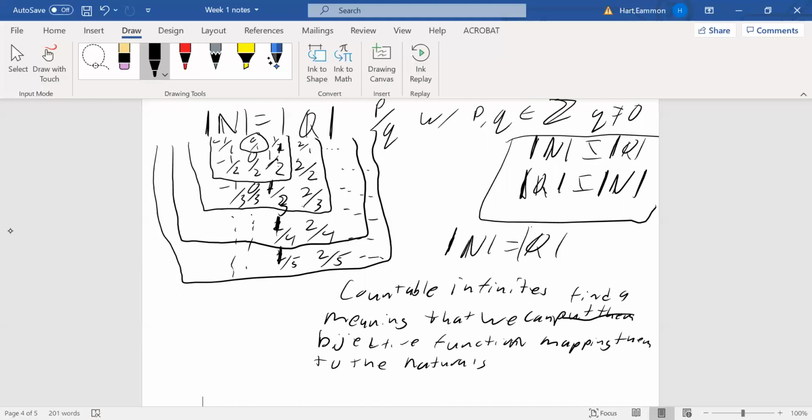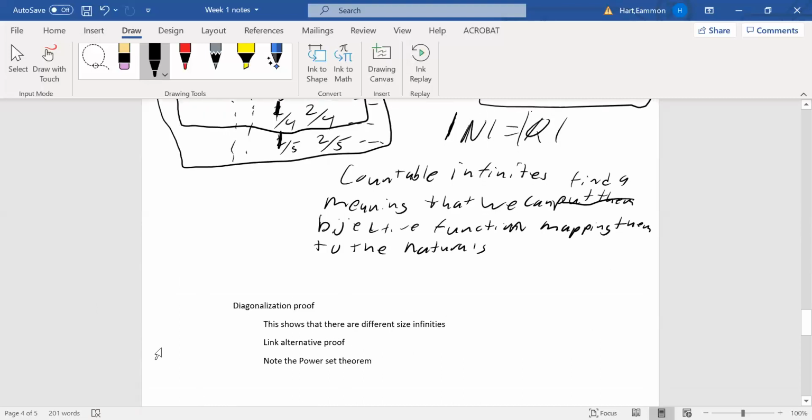It basically means that you can just put them in an infinitely long list with a starting point.